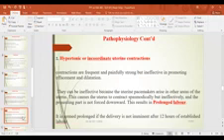Remember that any labor that has gone beyond 12 hours is termed prolonged, regardless of whether there are effective or ineffective contractions. I hope you have gotten that.